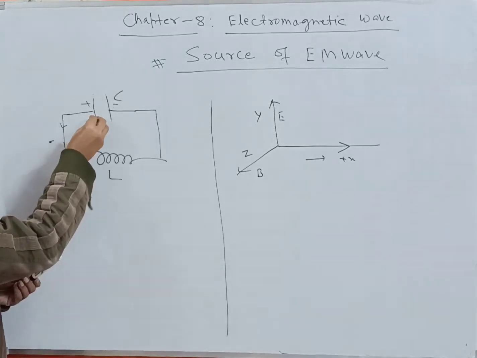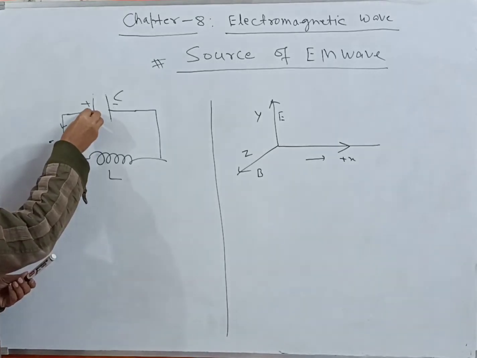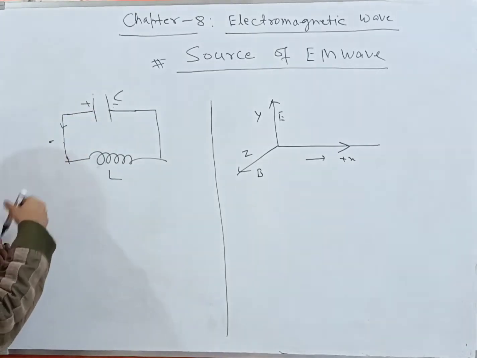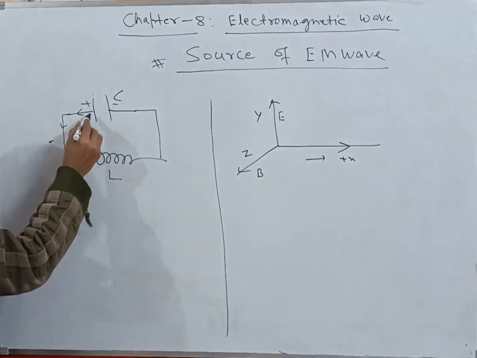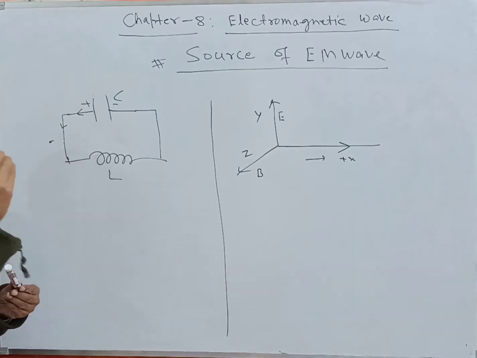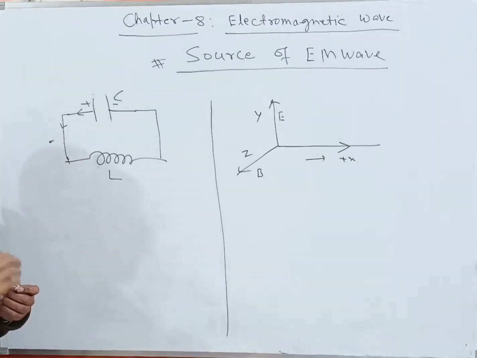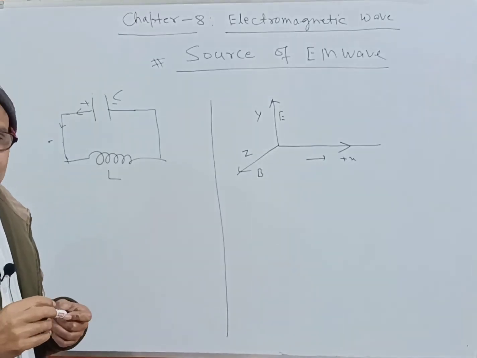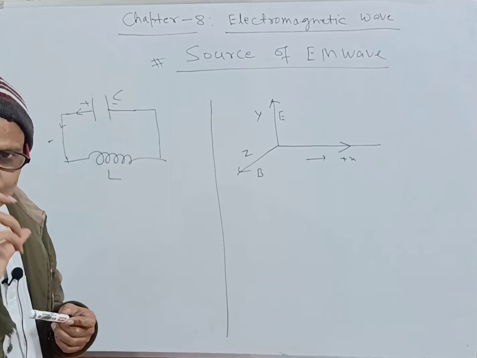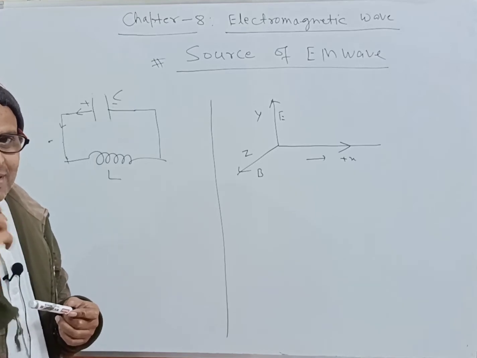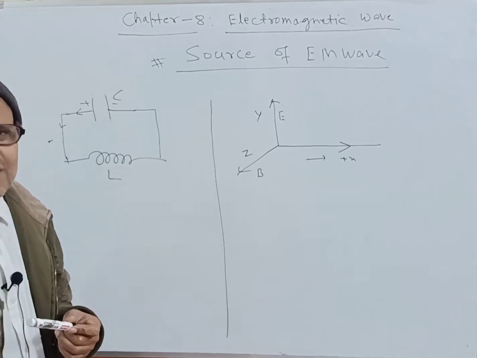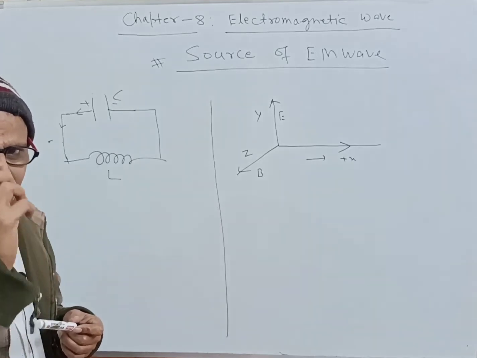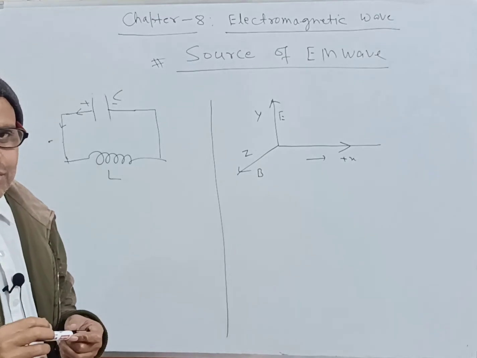Slowly charge from positive starts coming out here, means current grows. Current grows means rate of flow of charge, and whenever charge moves, due to movement of electric charge, electric field and magnetic field both are produced.